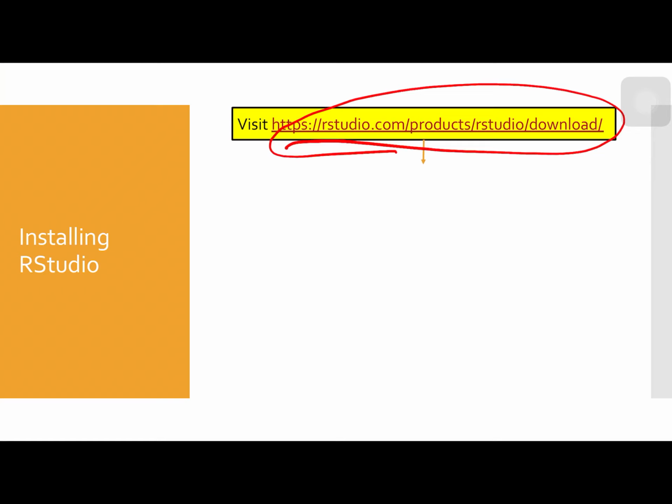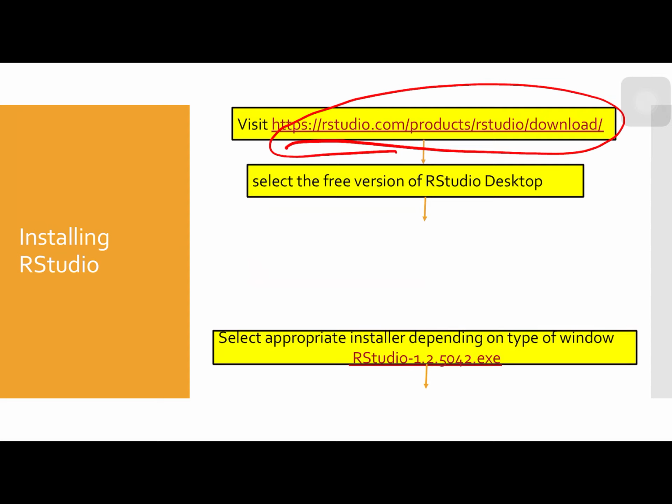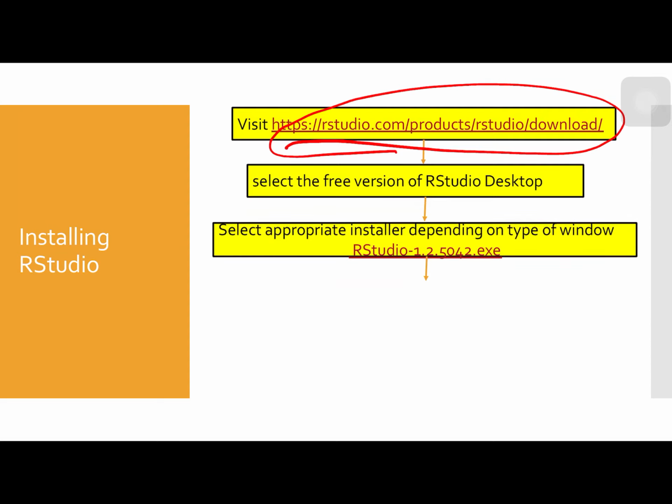Once you visit this link, it will show the different versions of R Studio. You have to select the version which is available for free. There are also paid versions available, but being a student, you can always select the version R Studio Desktop. Then you will come across the list of installers depending on the type of Windows.